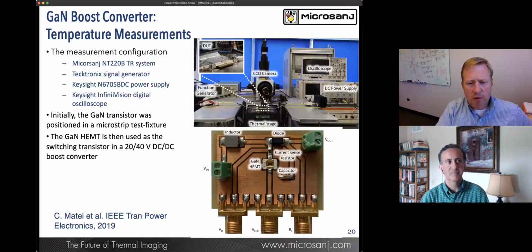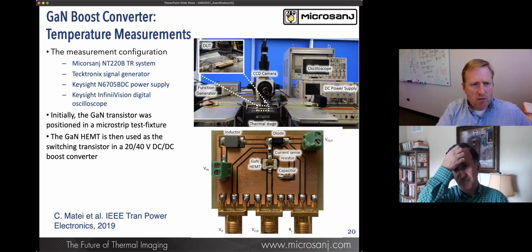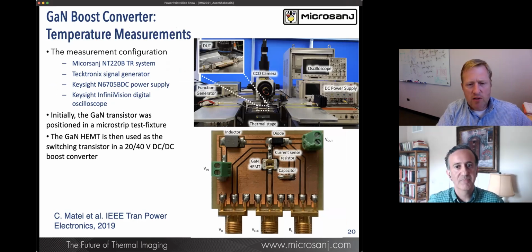And finally, we wanted to present some of the latest work where we were looking at using gallium nitride devices, but in this case, using them in power conversion applications. And here, Christian Mattei designed, using the same GaN HEMT device, the device as a switching transistor.